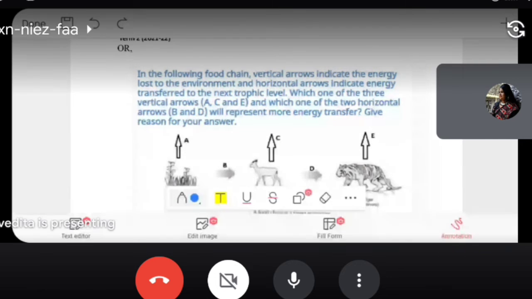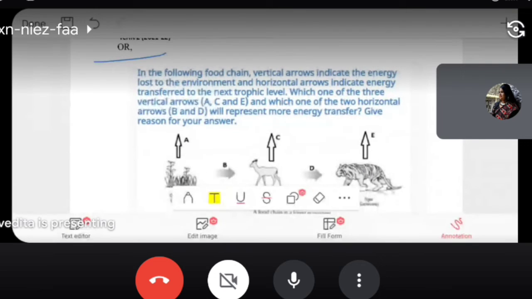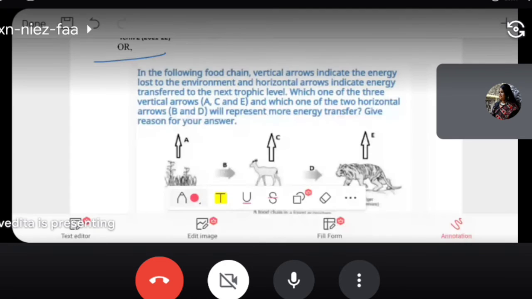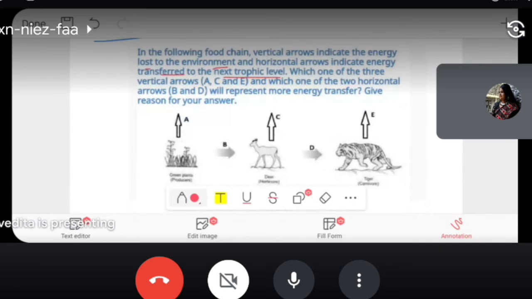See, this one is the "or". In the following food chain, vertical arrows indicate the energy loss to the environment and the horizontal arrows indicate the energy transfer to the next trophic level. That means these vertical arrows indicate the energy lost to the environment.